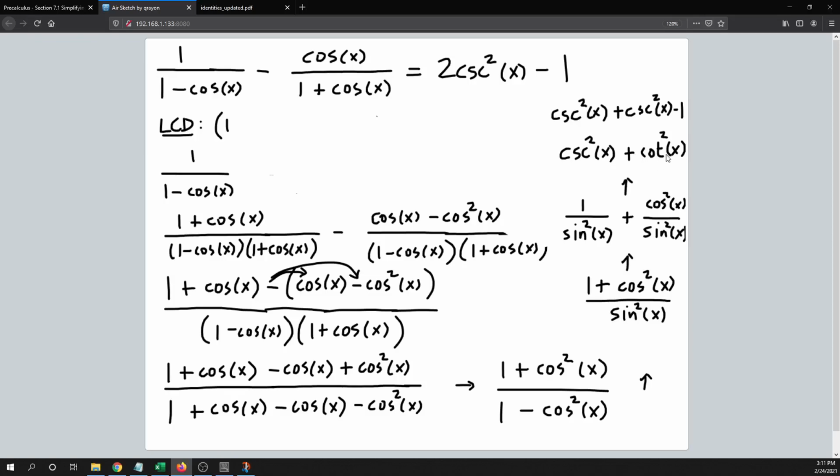There we go. So I'm replacing cotangent squared with cosecant squared minus 1.